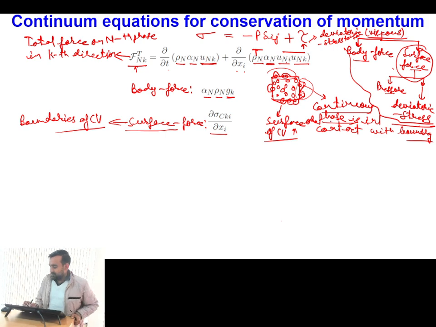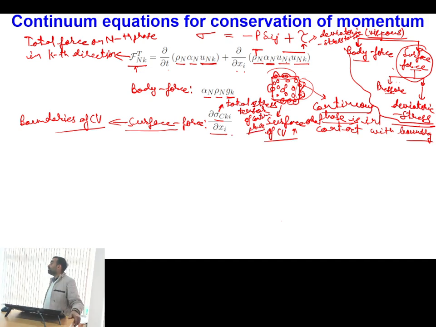Because we have made the assumption that only the continuous phase is in contact with the boundary, whenever I calculate the surface forces acting at the boundary, only the total stress tensor of the continuous phase will come into the picture. Are you getting this point or not?